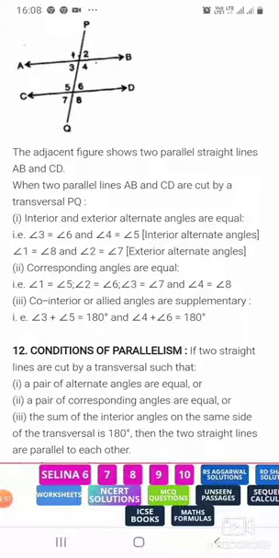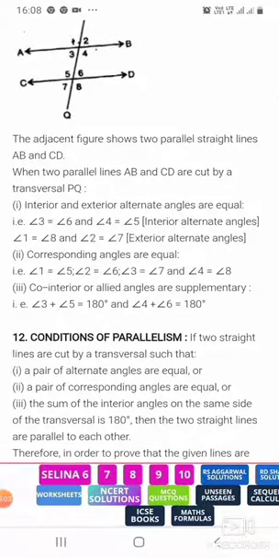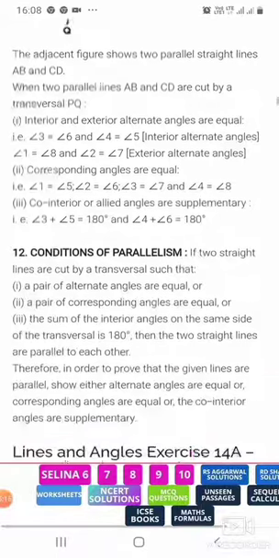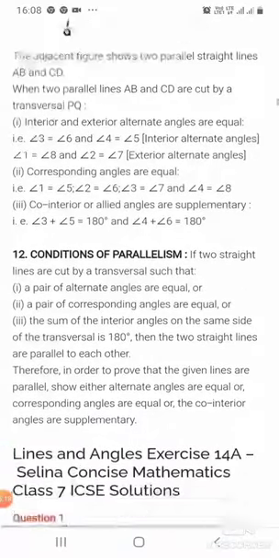Now, corresponding angles are equal, I told, and here the corresponding angles also you can take. For example, for angle 1 the corresponding angle is angle 5, for angle 2 the corresponding angle is angle 6, the same position where it is lying at the other point. Angle 3 is equal to angle 7, angle 4 is equal to angle 8. Likewise you can take these parallel lines.